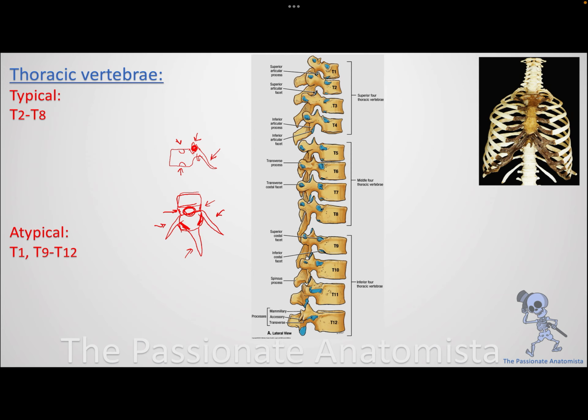Now, when we talk about an atypical one, why is this back? The atypical ones are going to be T1 and the last thoracic vertebrae, T9 to T12. Why is T1 different? Think about it.